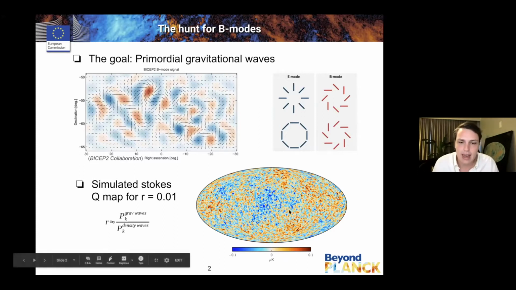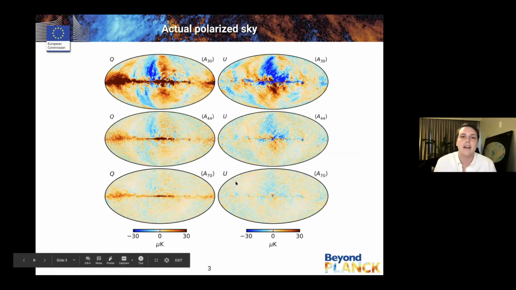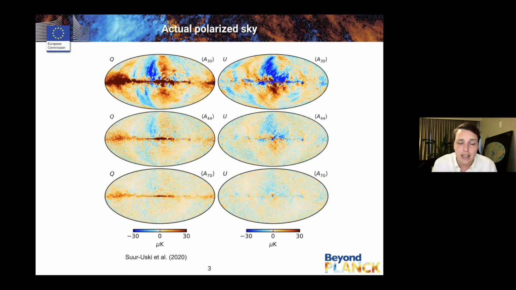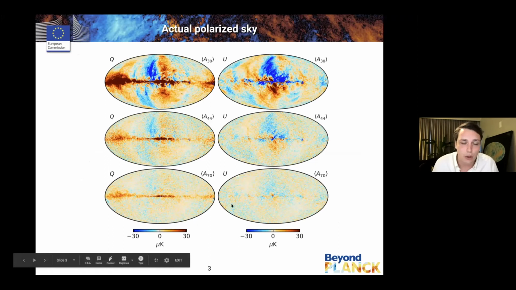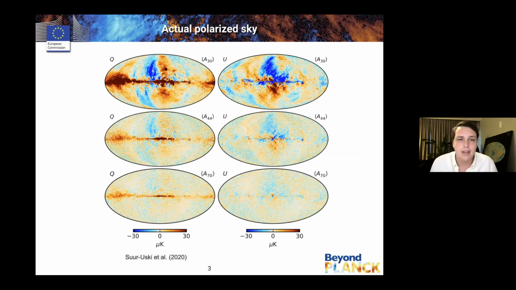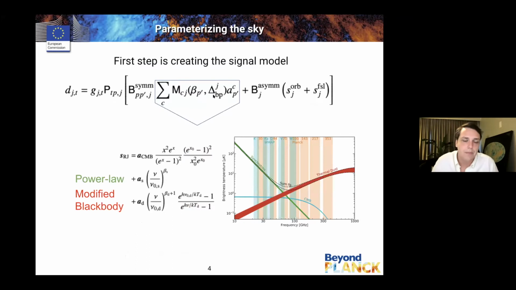And if we look at the amplitudes of this map, that's 0.1 microkelvin. And if we now look at the LFI sky as seen by the 30, 44, and 70 gigahertz in polarization, we see that the amplitude is 30 microkelvin. And this signal is mainly foregrounds. So we definitely need to know those to great precision.